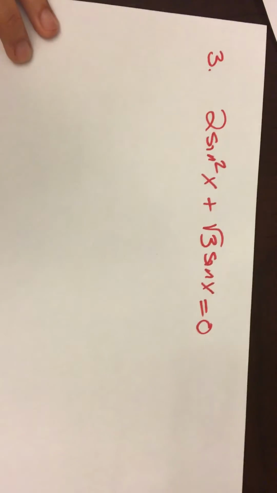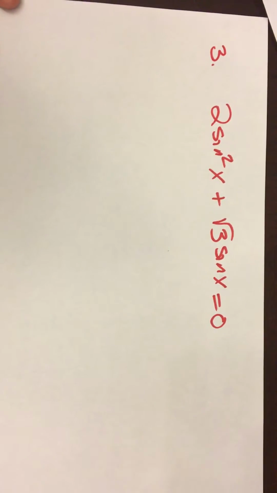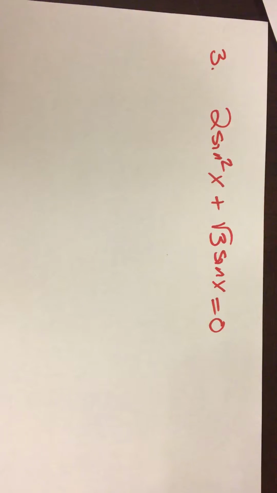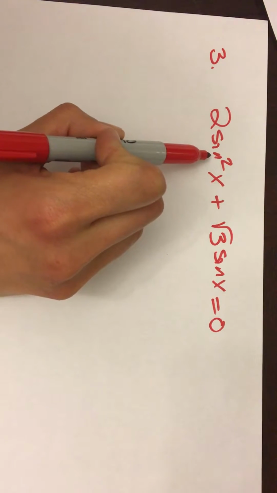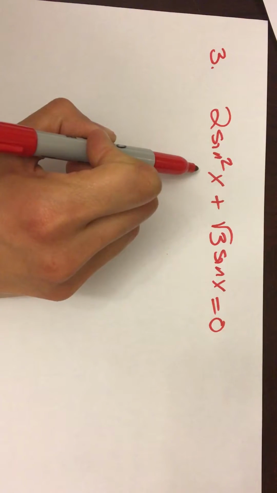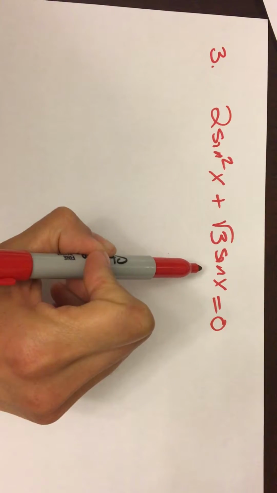All right, our last example. And for this example, we're going to use the factoring method. Okay, so we need to find out the GCF. Notice for this term, we have sine squared x, and in this term we have sine x.